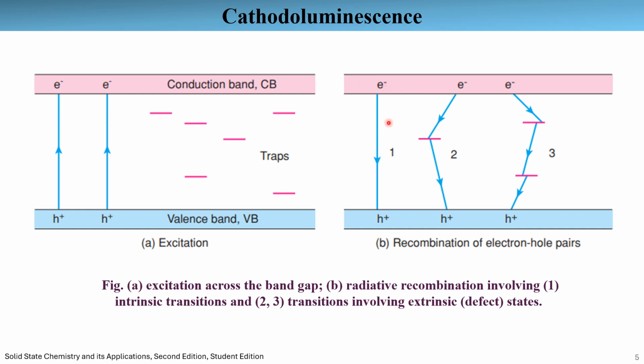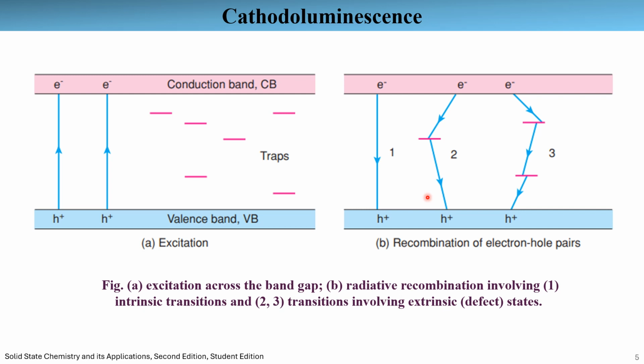The subsequent return of the electron from the conduction band via direct transition, as shown in this figure by 1, and via the trap states, showing 2 and 3, is responsible for CL.